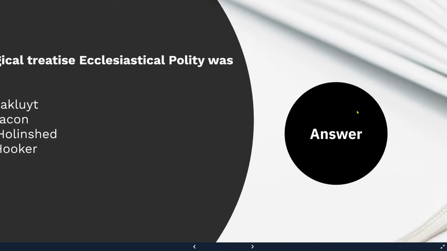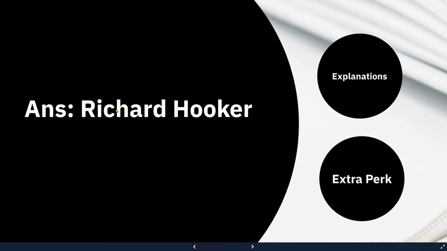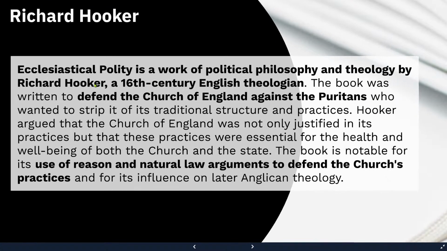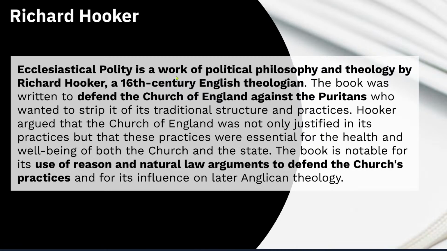So we'll see the answer. The answer is Richard Hooker, and the explanation is that Ecclesiastical Polity is a work of political philosophy and theology by Richard Hooker, a 16th century English theologian, and the book was written to defend the Church of England.